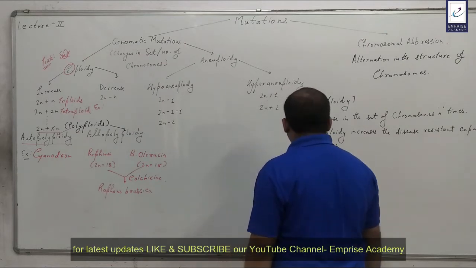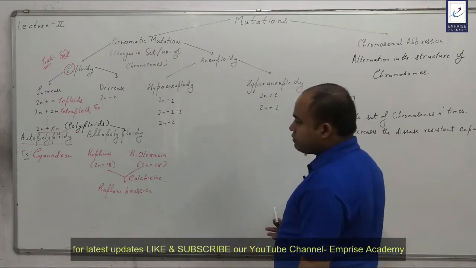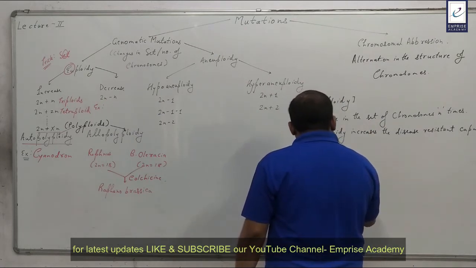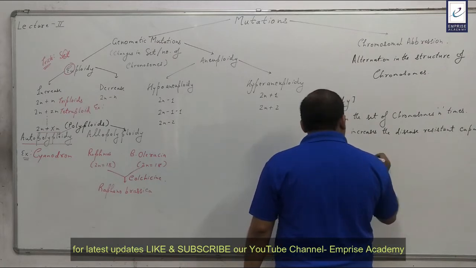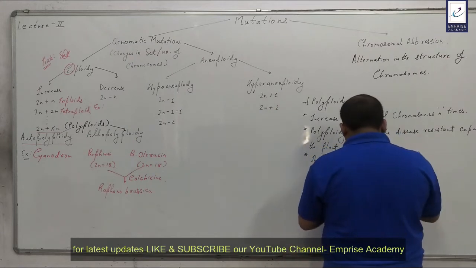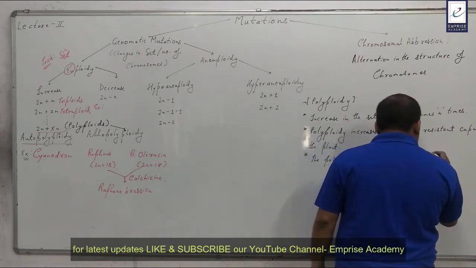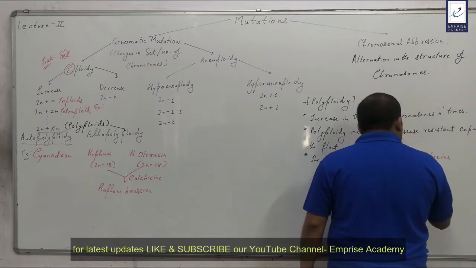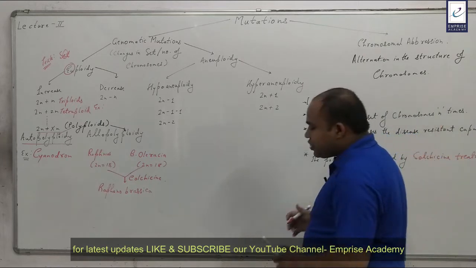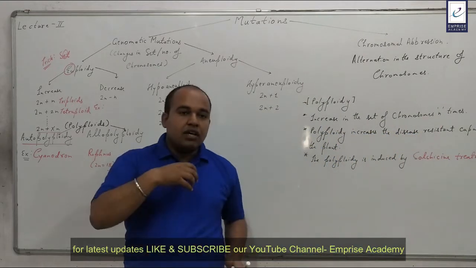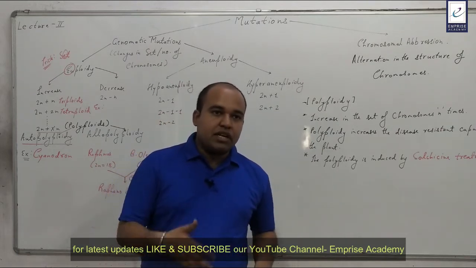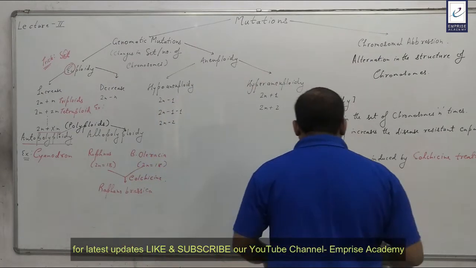Another key important point is that polyploidy is induced by colchicine treatment. This colchicine drug causes the doubling of the chromosome number, so that the chromosome numbers are increased.